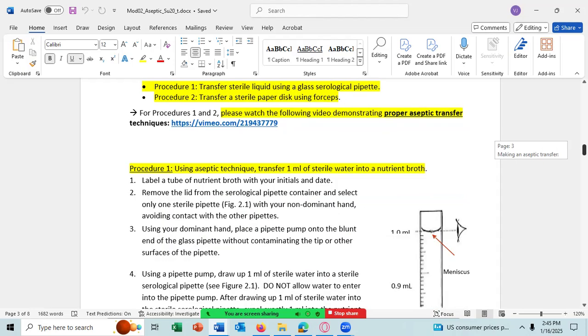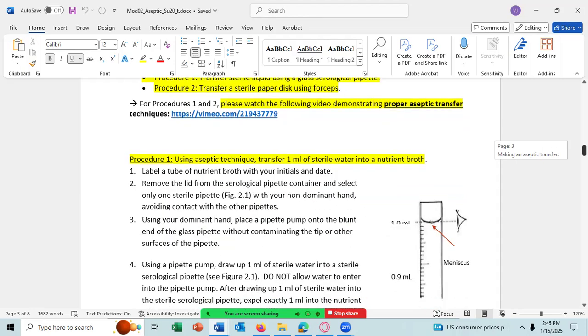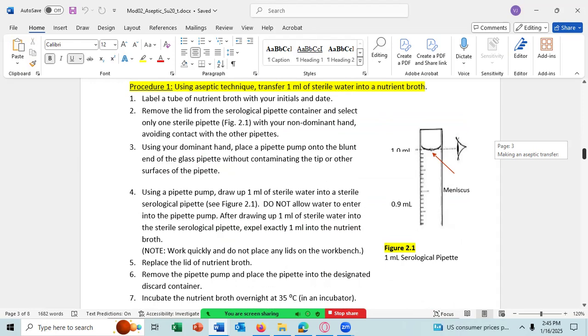In procedure one, you're going to transfer 1 milliliter of sterile water into a tube containing nutrient broth. When you use a glass pipette or a glass buret that is marked, you'll note that water will not go across the surface flatly.